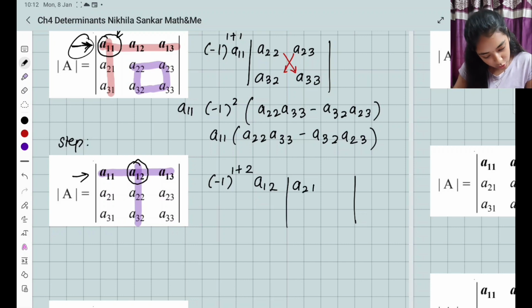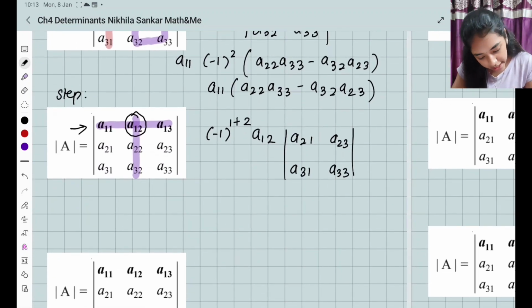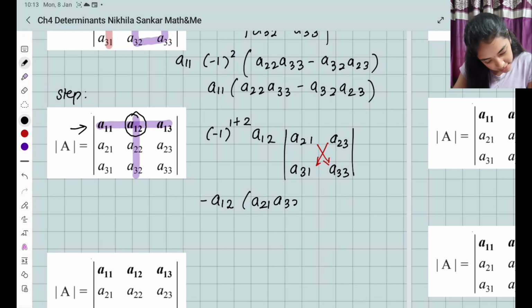I have a21, a23, a31, a33. Did you understand? Whichever element we take, we must forget both the row and the column of that element, as if they are not there. So what is left out now? I have minus a12 times the determinant, which is going to be the product. Cross multiplying, you have a21 a33 minus a31 a23. Okay, so this is the second.